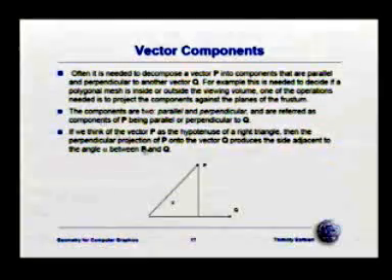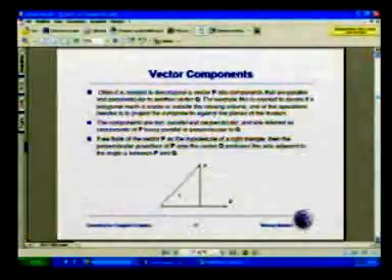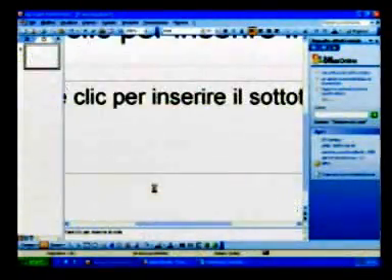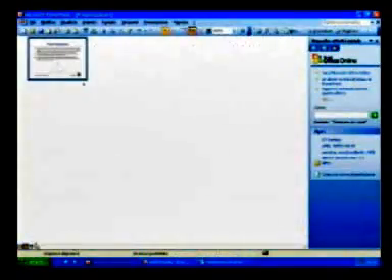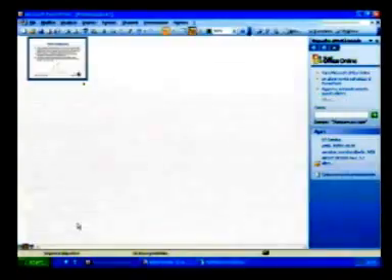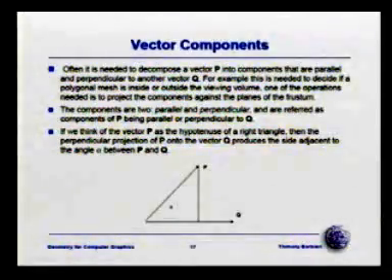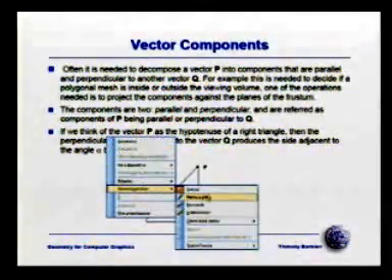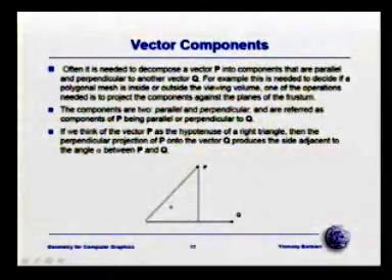Because you know that actually, well, sorry, I'm looking for the pencil. This is the vector, right? Over here.